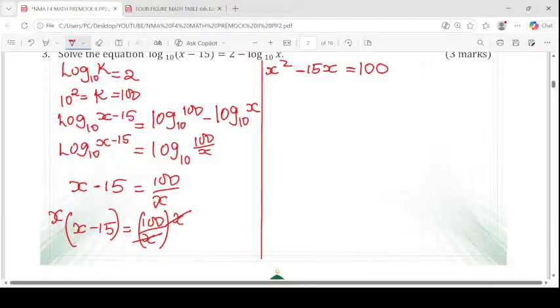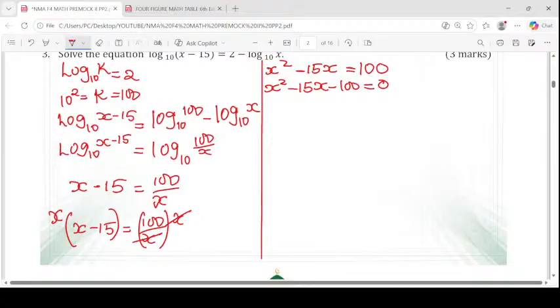Very interesting. Here, the 100 can cross to the left, where we now have x squared minus 15x minus 100 is equal to 0.